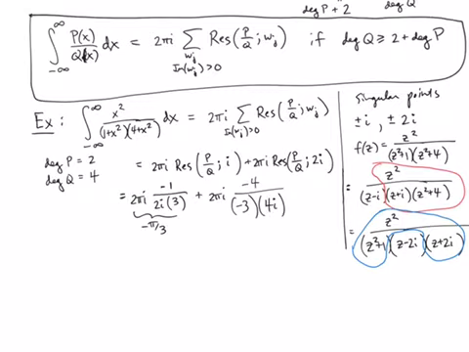So the i and i cancel, the 4 and the 4 cancel, and the negatives cancel into positives, and so we just get 2 pi over 3. And so it looks like we get pi over 3 as our final answer. So this integral works out to be pi over 3.